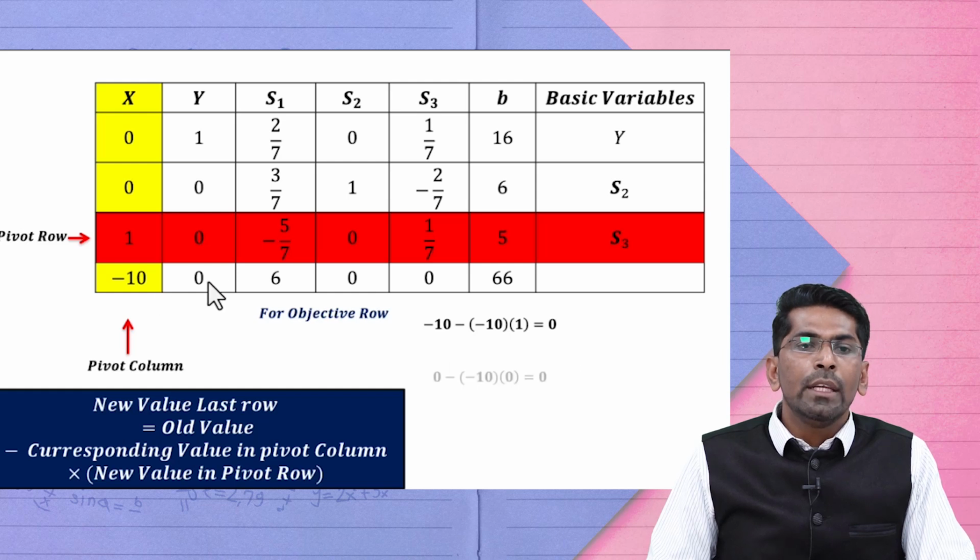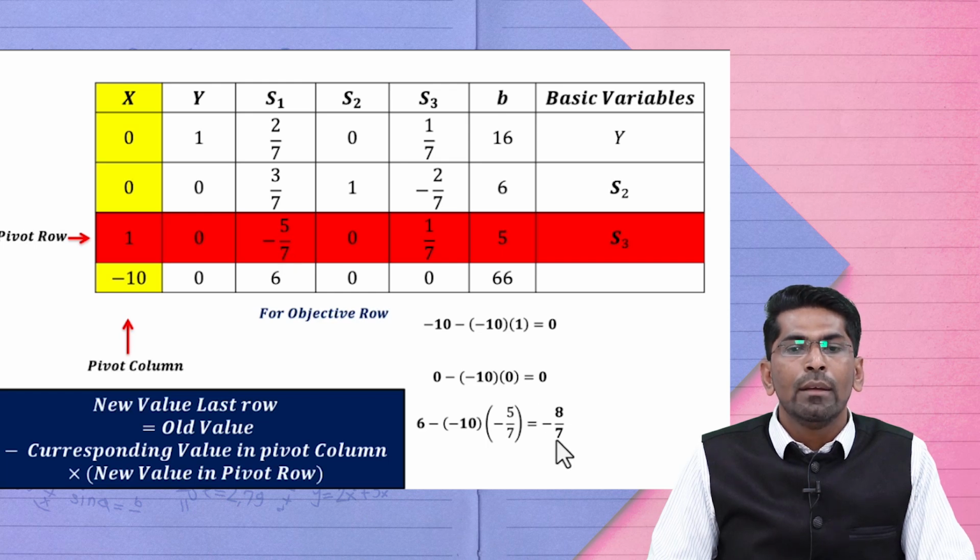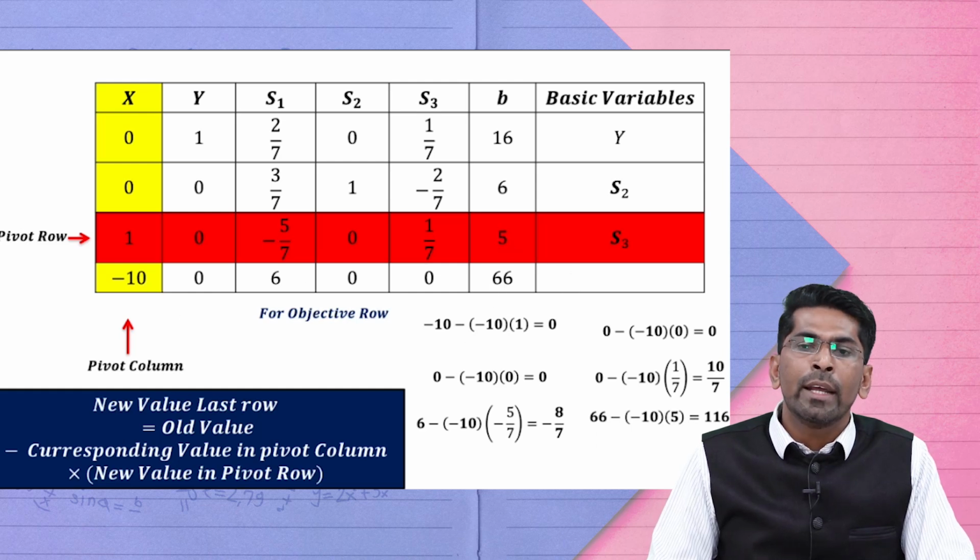Then the second one, 0 minus minus 10 into 0, is equal to 0. Then 6 minus minus 10 into minus 5 by 7 is equal to minus 8 by 7. Then again 0 minus minus 10 into 0 is equal to 0. Then 0 minus minus 10 into 1 by 7 is equal to 10 by 7. Then the last one, 66 minus minus 10 into 5, is equal to 116. Again we are going to replace this particular row by using the new calculated values.